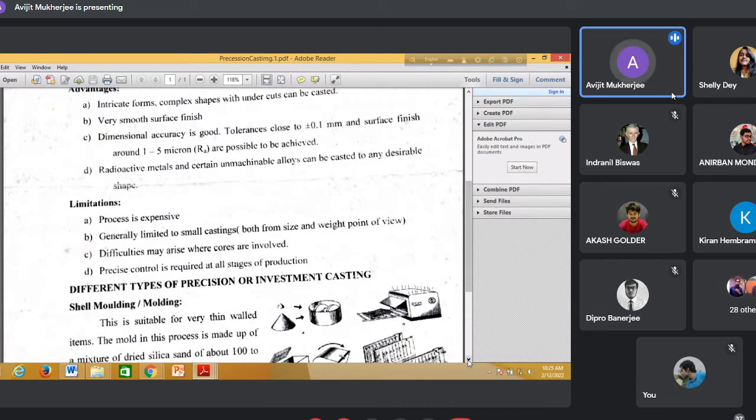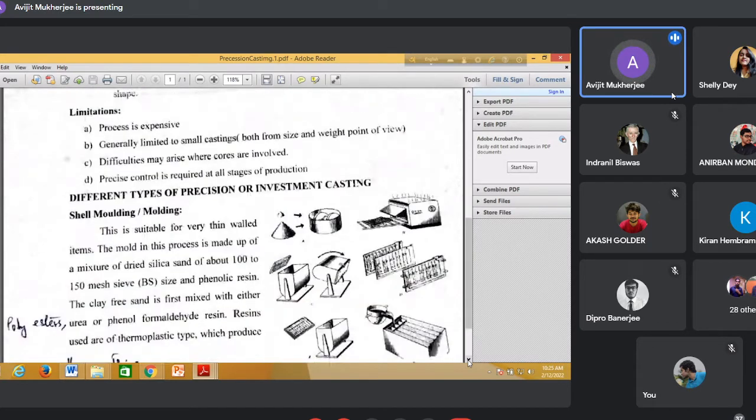Again, there are various types of precision or investment casting, not a single one. Now, the first one, as we are observing, is shell molding or shell casting. Now, regarding the spelling of molding, here you just observe MOULDING, MOLDING, both are correct. One is American spelling, one is British, so both are correct.